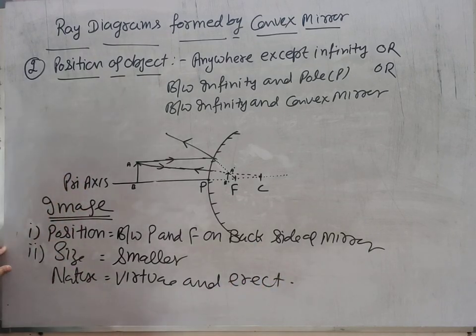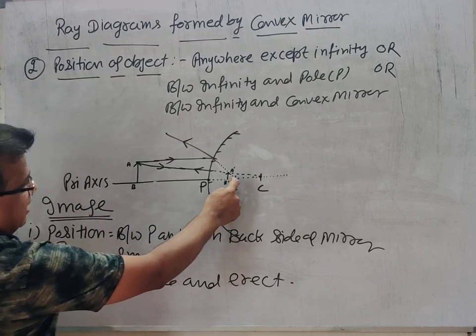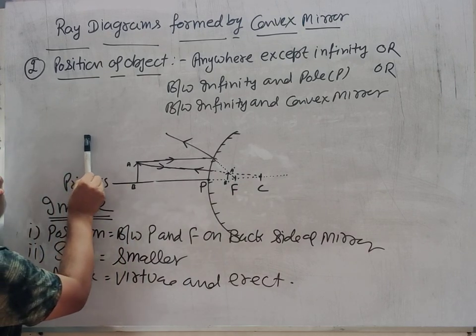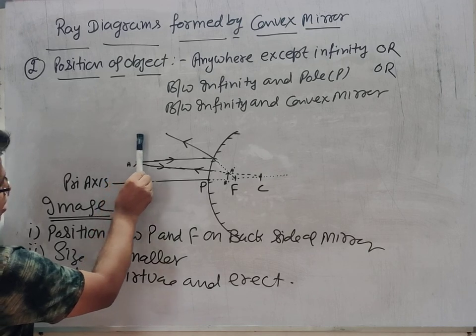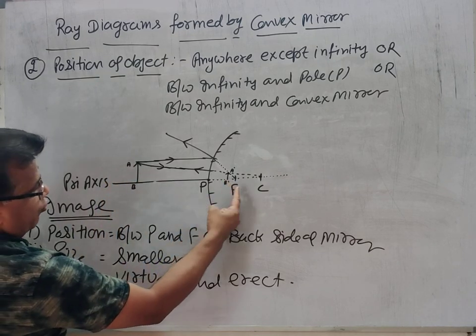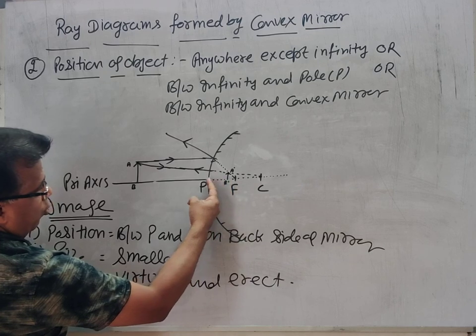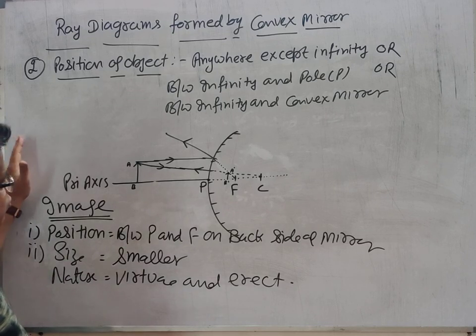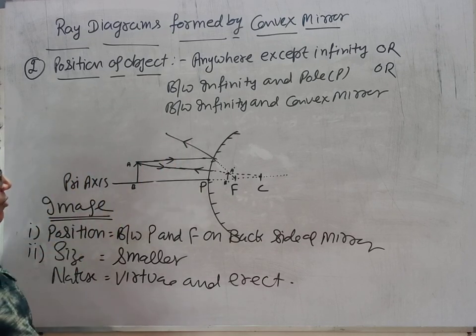Now we are observing that in the previous case object is at infinity. When object was at infinity, image is at F and very small. As object moves toward the pole or toward the mirror, image will move from F to pole and its size goes on increasing. So one question is, what will happen when object moves toward the mirror or pole in convex mirror?